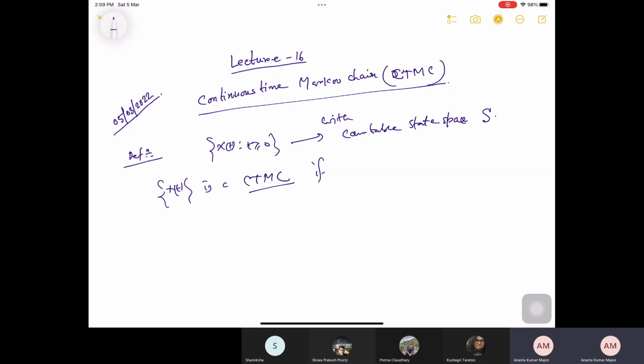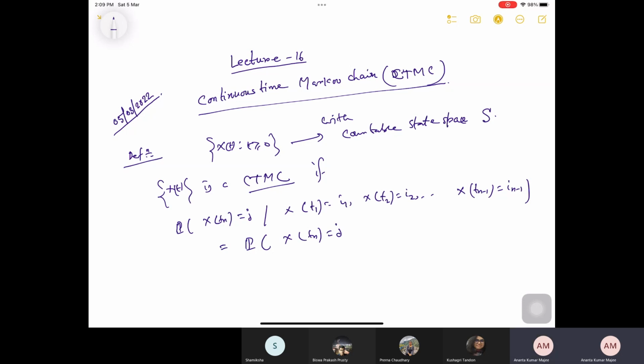if the following holds. Consider the probability that X of t_n is equal to state j, given X of t_1 is equal to i_1, X of t_2 is equal to i_2, and so on, up to X of t_{n-1} is equal to i_{n-1}. This is given by the probability that X of t_n is equal to j, given X of t_{n-1} is equal to i_{n-1}.